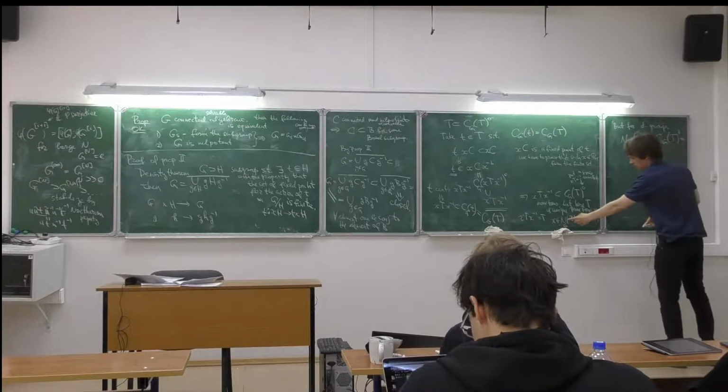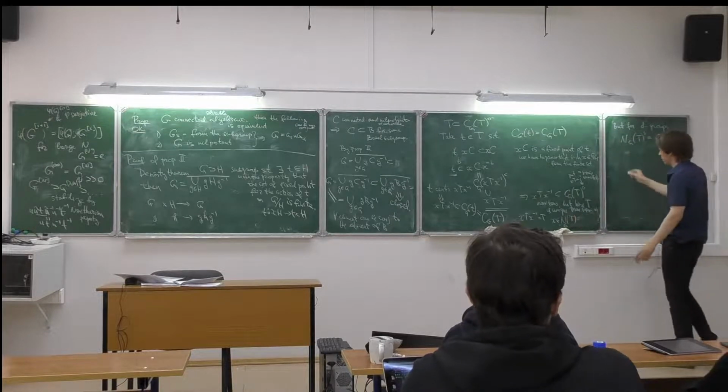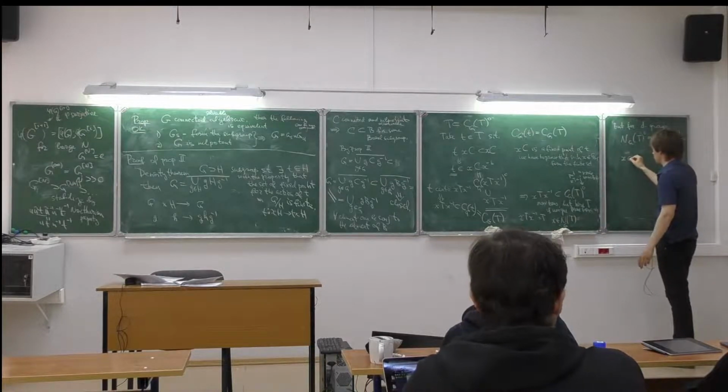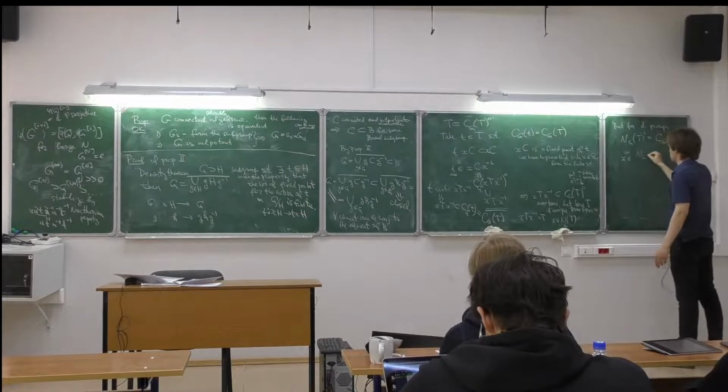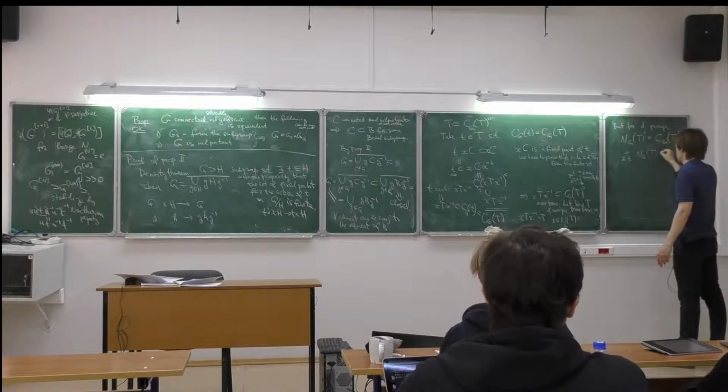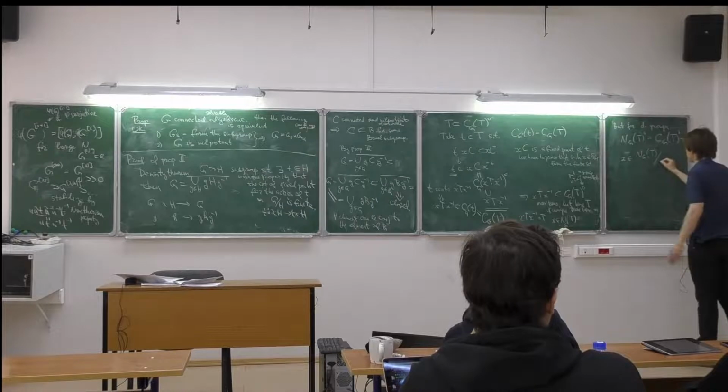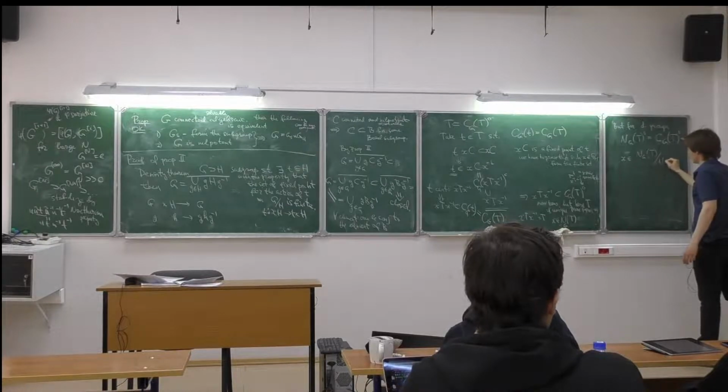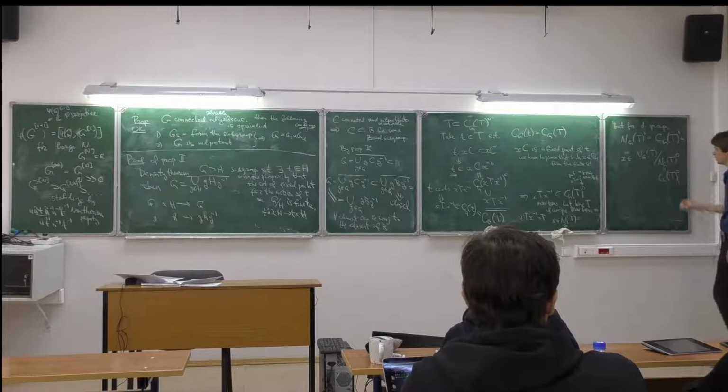So this means that x runs in the coset of N_G(T_0) modulo C_G(T_0).